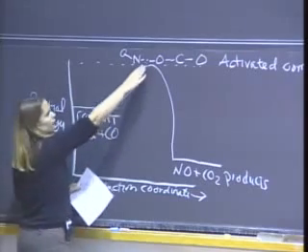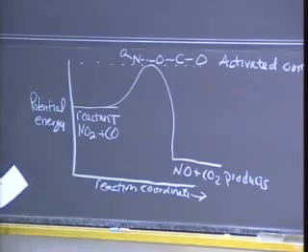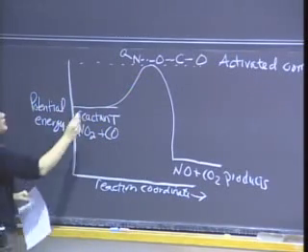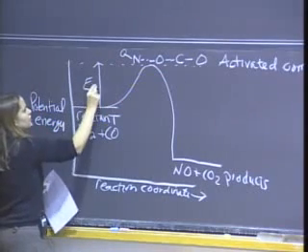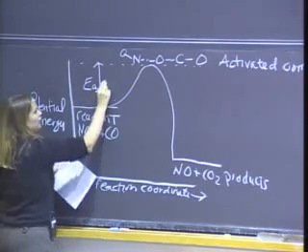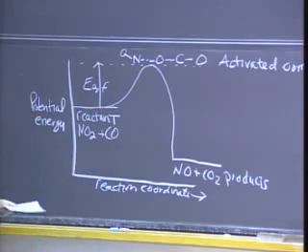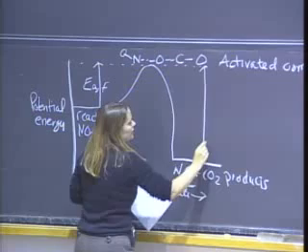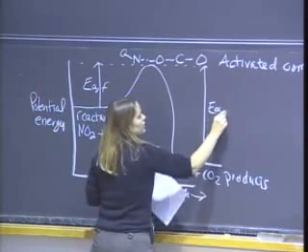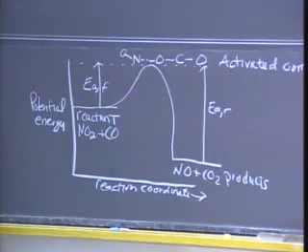If they didn't have enough energy, it would just come back down here. So this barrier up here is the activation energy for the forward reaction. And this over here is the activation energy for the reverse reaction.